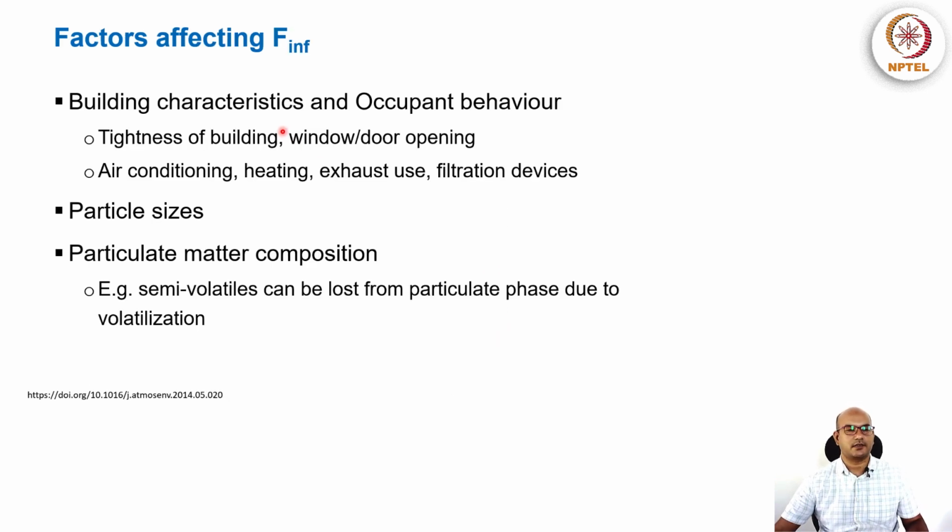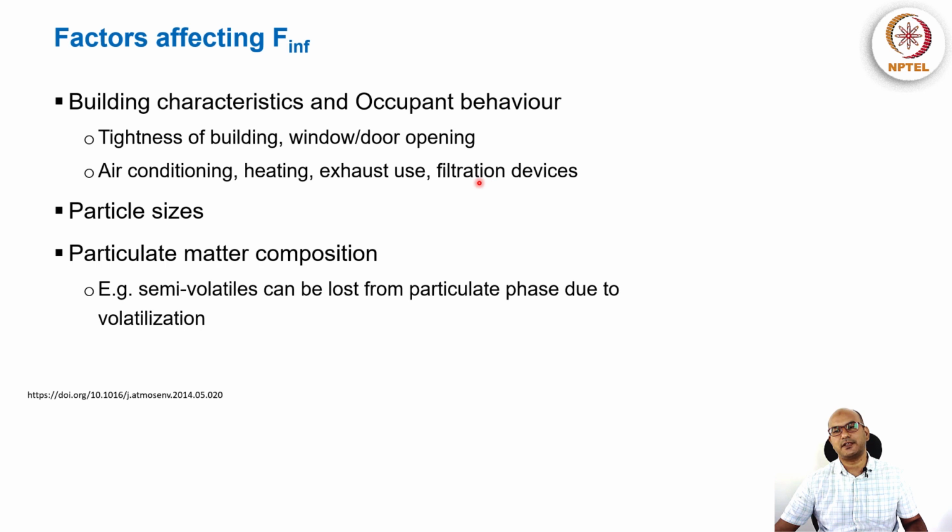In general, qualitatively speaking, the building characteristics and occupant behavior will influence the infiltration factors, such as the tightness of the building, the window and door opening and closing behavior, the air conditioning, heating, exhaust use, and also whether filtration devices are used.